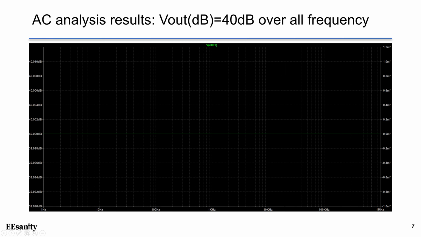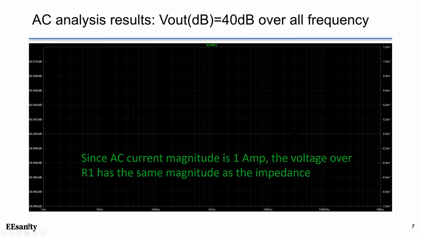If we click the voltage across the resistor, we can see the magnitude is 40 dB, which is 100 in decimal. You can see the x-axis is the frequency from 1 Hz all the way up to 1 MHz. The impedance is 40 dB, and this is why.